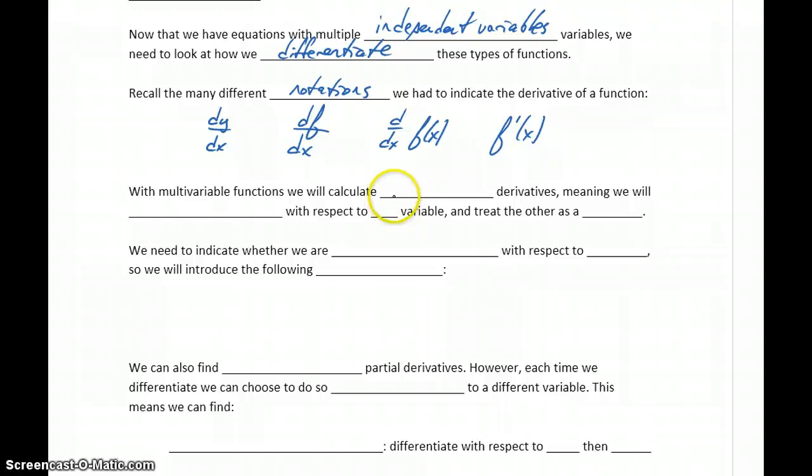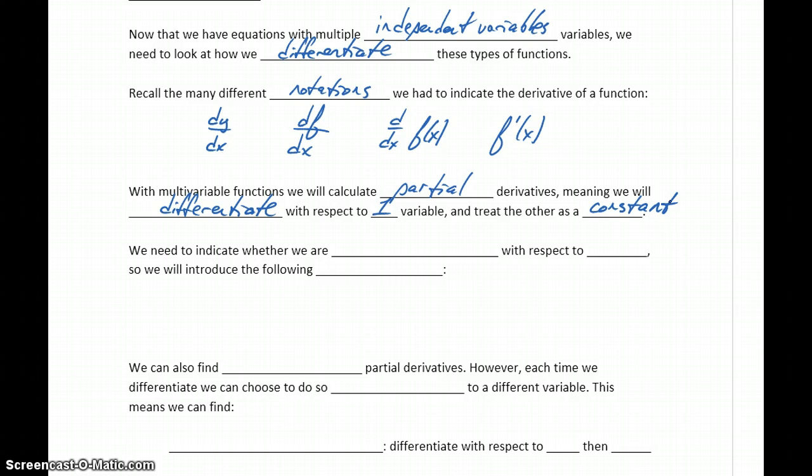With multivariable functions, we're going to calculate what we call partial derivatives. And what we mean by partial derivative is that we'll differentiate with respect to one of those variables. So this is where that dx portion is going to come into play very specifically in a very important way. So meaning we're going to differentiate with respect to one variable and treat the other variable as a constant.